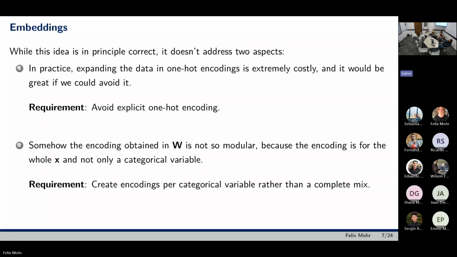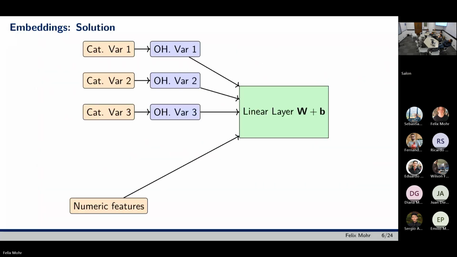The other issue: let's go back to the figure, and we will see that this weight matrix W is really combining everything in an instance. So it's not only encoding certain categorical attributes, but encoding everything together. This W is not only creating a numeric representation of this variable or this variable, but of everything together.